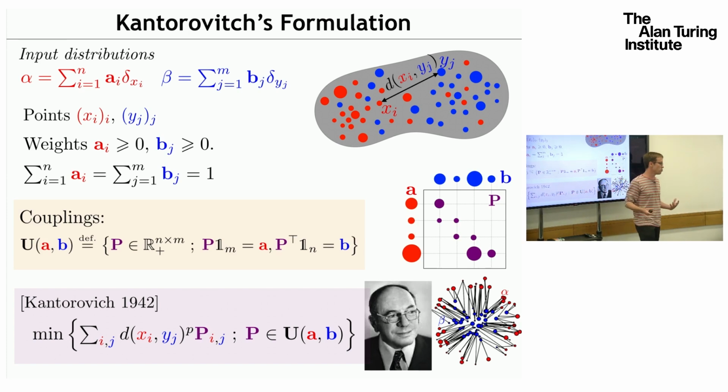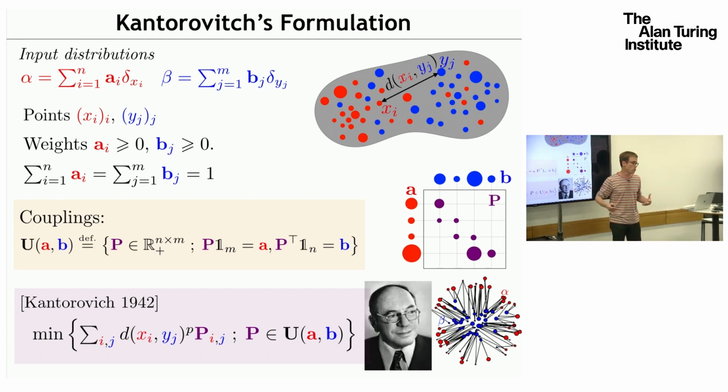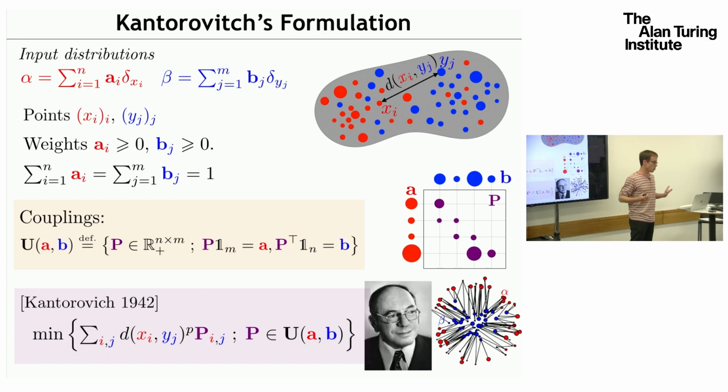Okay, so you pay a price which is proportional to the distance to the power p. And this is what gave him the Nobel Prize in economics, because it's a key way to use it for economic applications, where you want to optimize some way to couple between production and consumption. Okay? But of course, here I will try more to insist on the impact of this idea on data science.